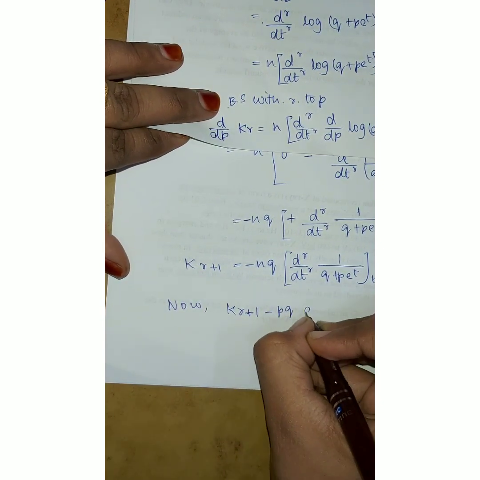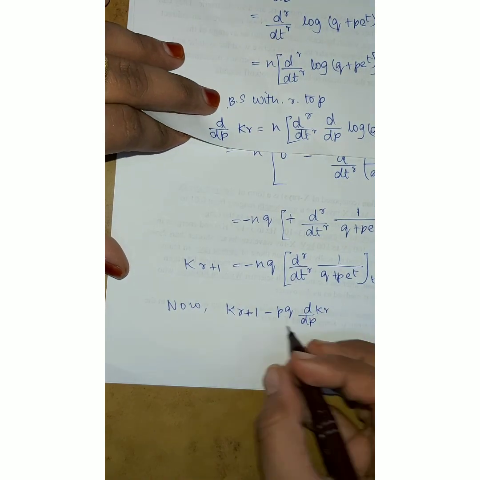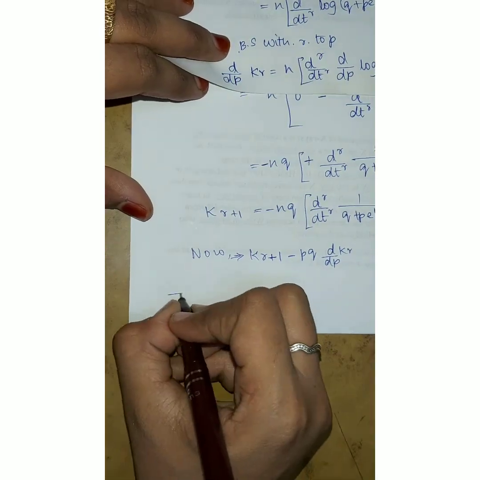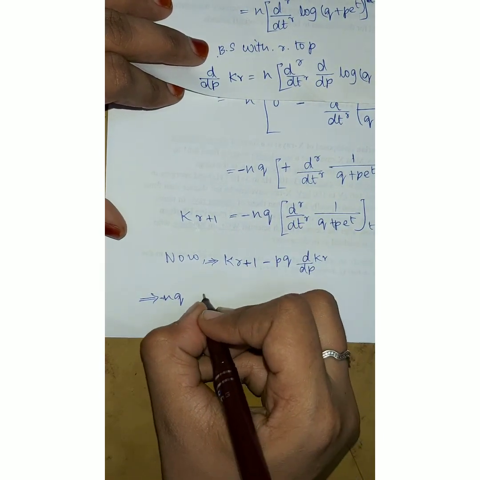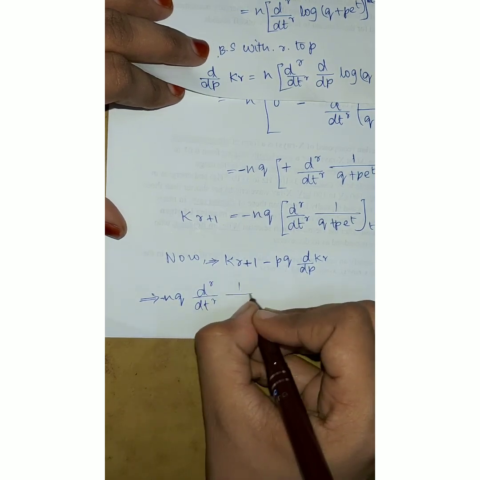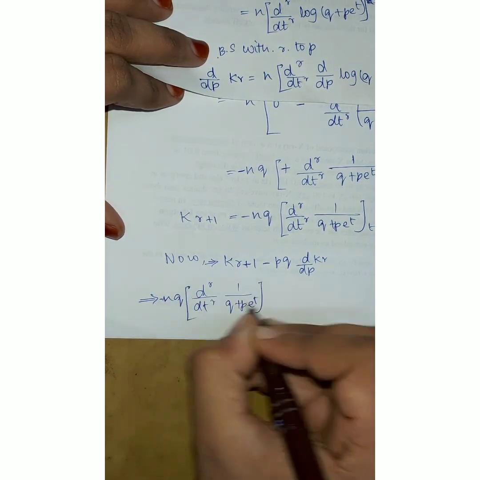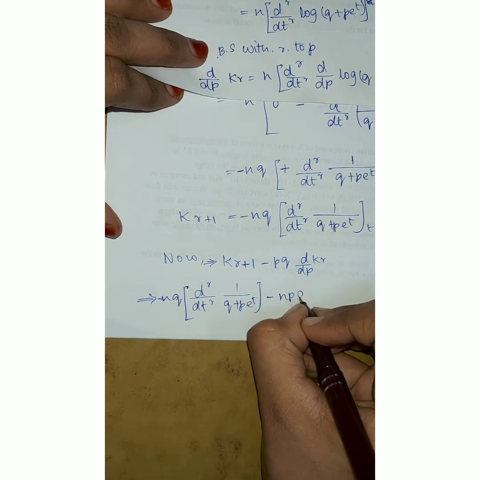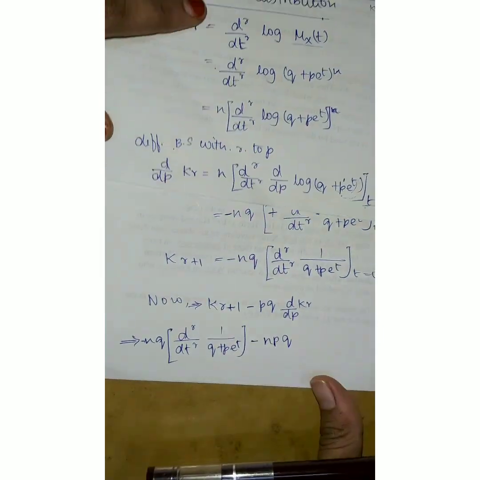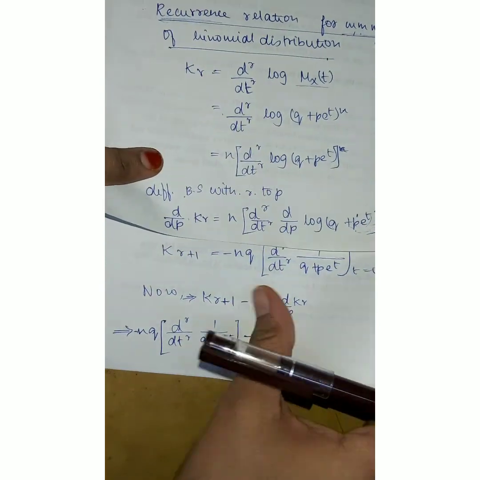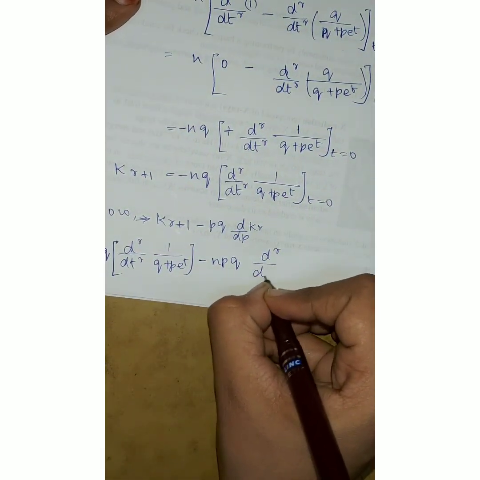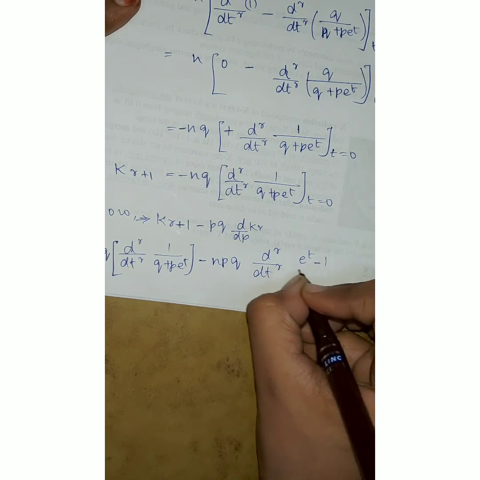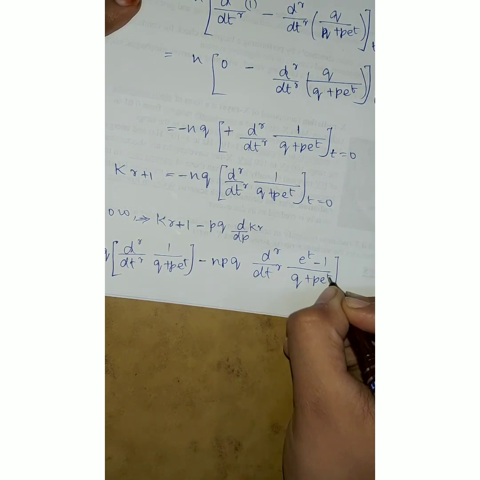Now k r plus 1 minus pq into d by dp of kr. We have to find this, and that is equal to minus nq into d power r by dt power r into 1 by q plus p e power t minus npq into d power r by dt power r into e power t minus 1 by q plus p e power t.